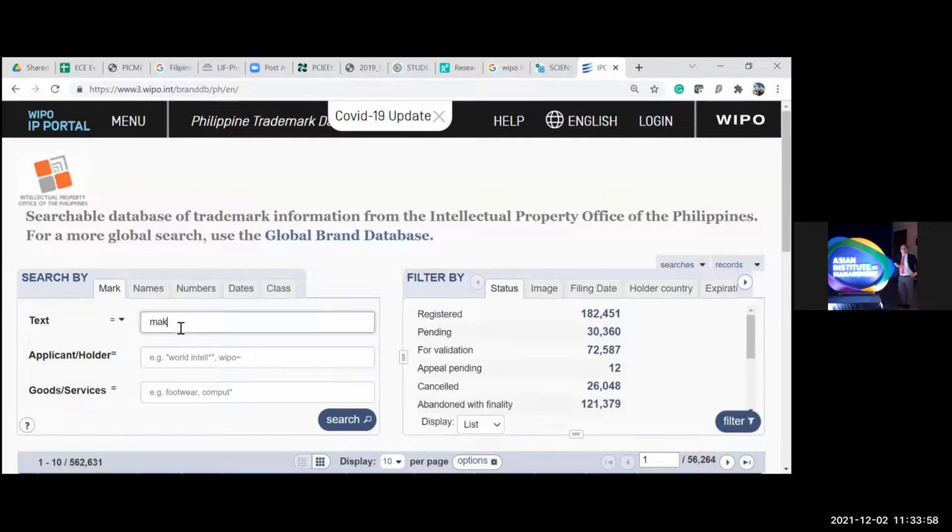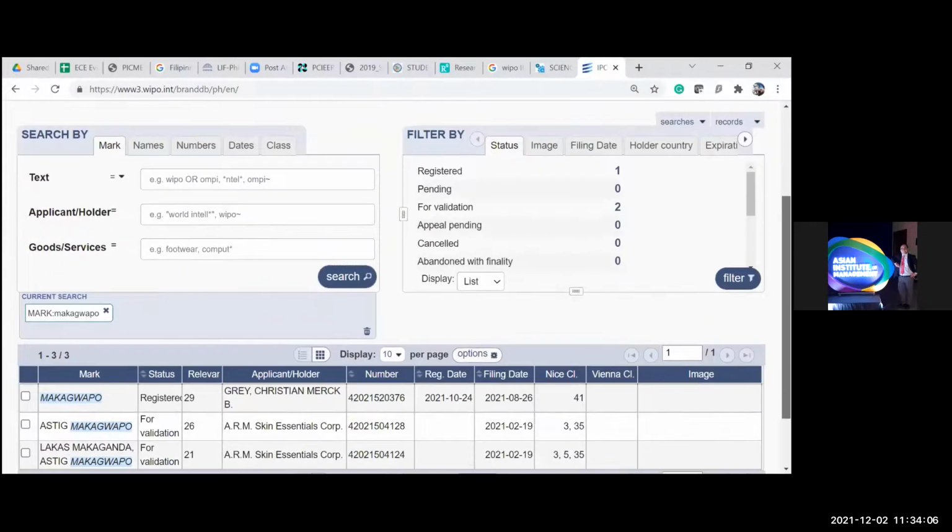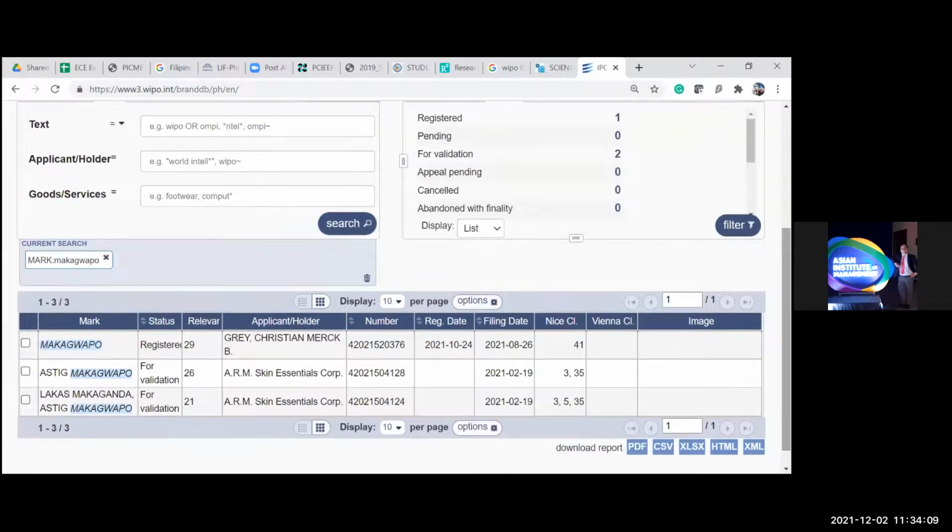For example, you mentioned Makagwapo. If you plan to use that, you have to register there. Junial, do you know Christian Merck? He applied for Makagwapo. Are you seeing my screen, guys? Yes, sir.